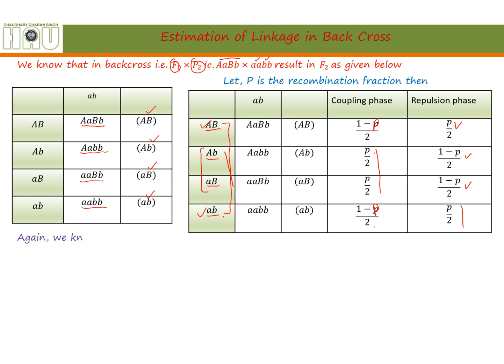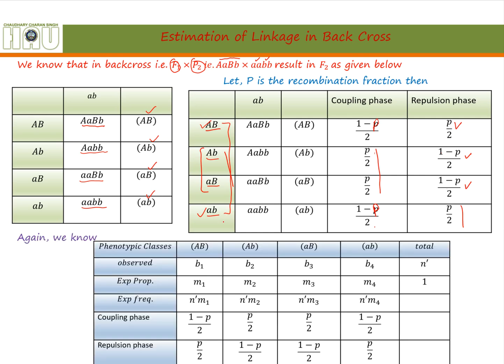Then again, we take the phenotypic classes, which I have already explained: capital A capital B, capital A small b, small a capital B, and small a small b. Suppose the observed numbers for these phenotypic classes are B1, B2, B3, B4, in such a way that their sum is n dash.